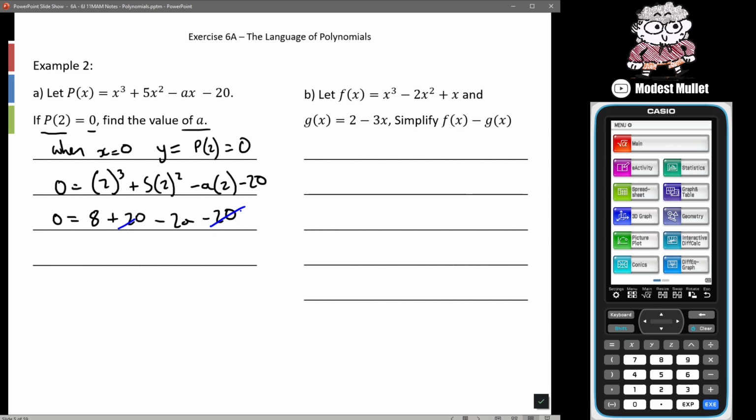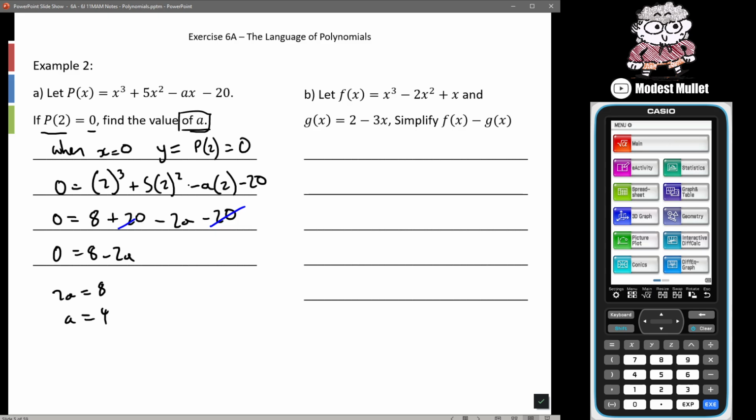Negative 20 and positive 20 cancel, so we're left with 0 is equal to 8 minus 2a, add the 2a to the other side, so we get 2a is equal to 8, so a is equal to 4. Okay. Now it just says find the value of a, so we could stop there.